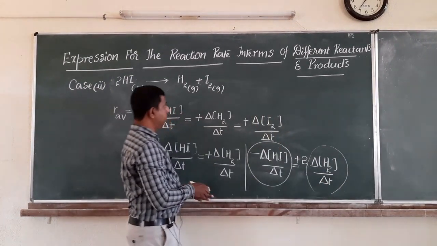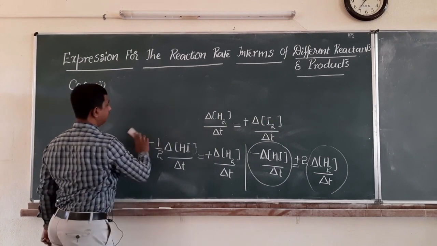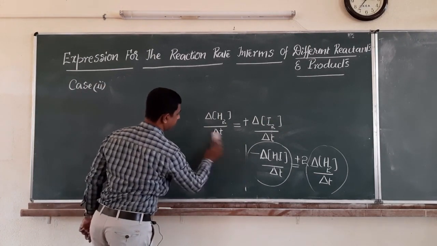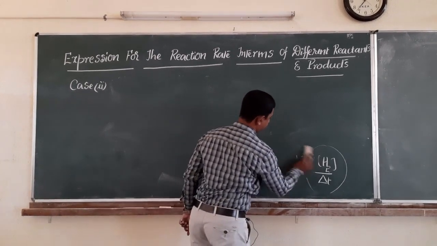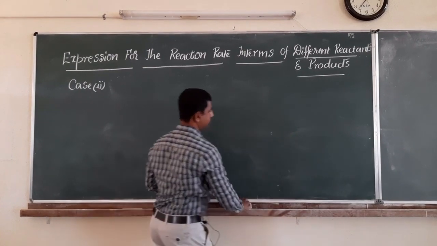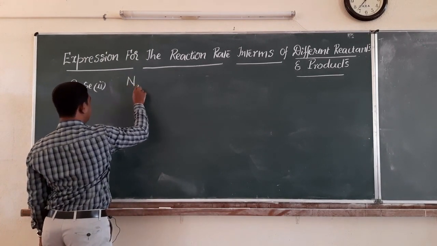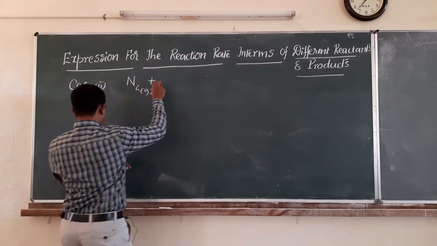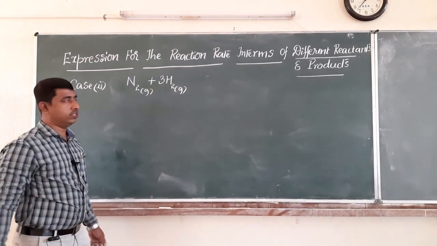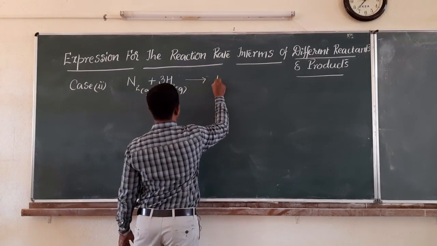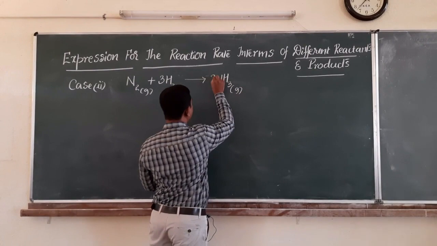We can take one more example. Nitrogen N2 combines with hydrogen, forming ammonia, that is 2 NH3.